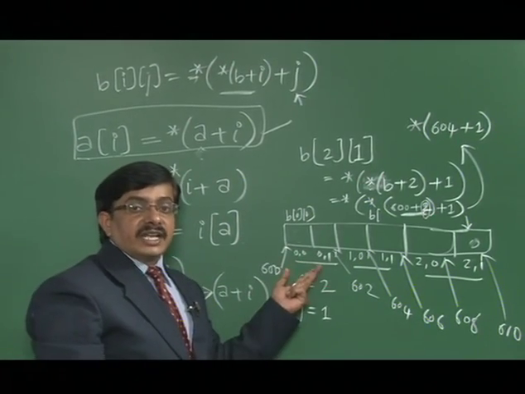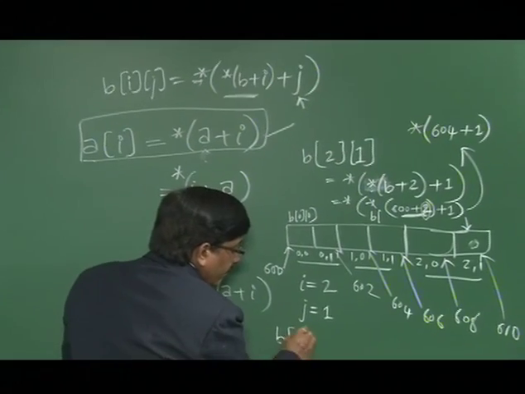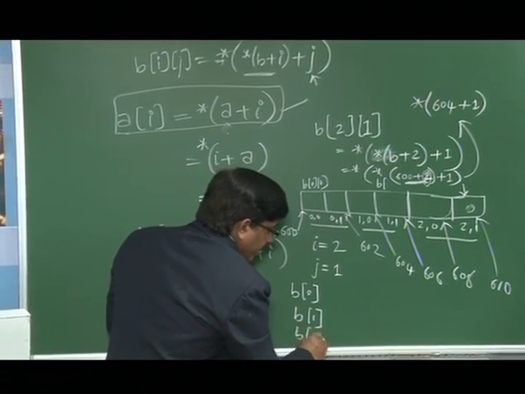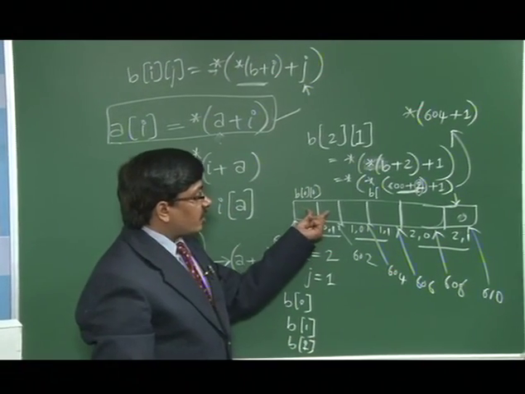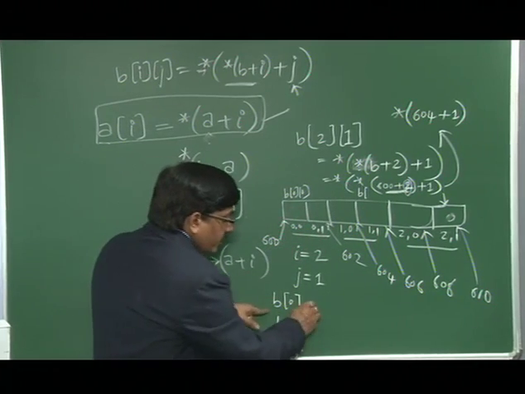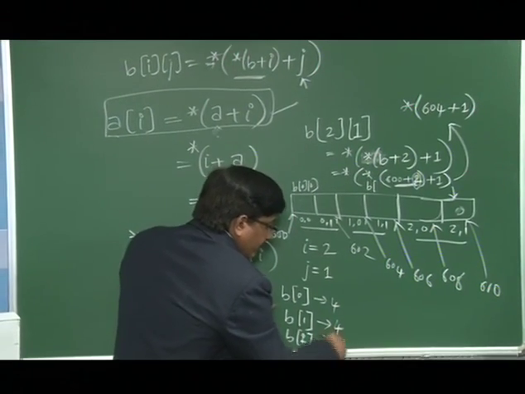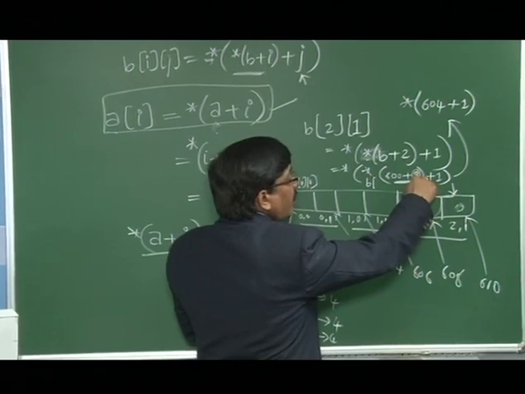Each element will take 2 bytes of memory area. So B of 0 will take 4 bytes, B of 1 will take 4 bytes, B of 2 also will take 4 bytes. So here the 2 will get multiplied with 4, not with 2.